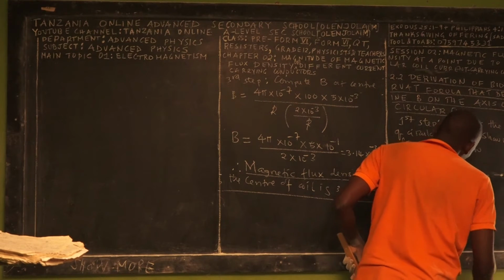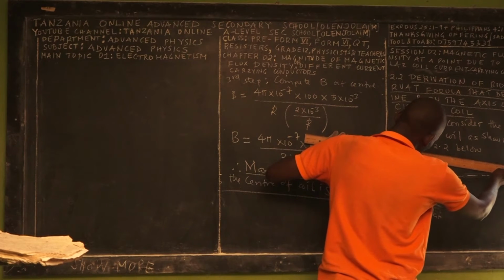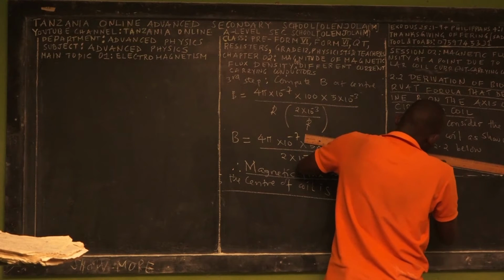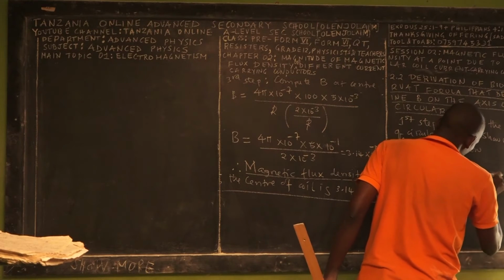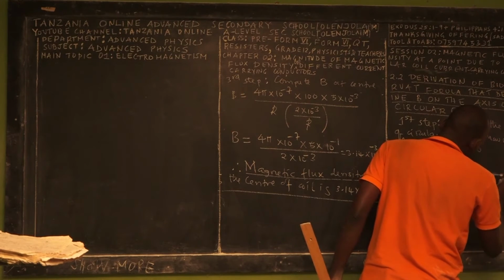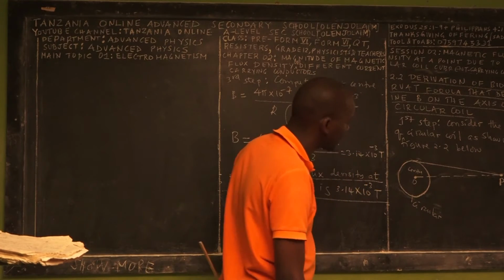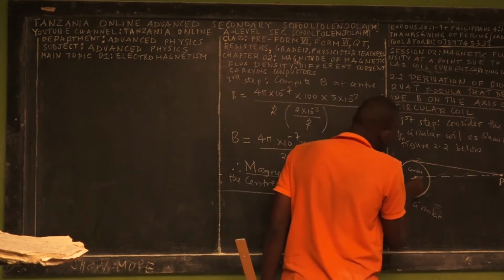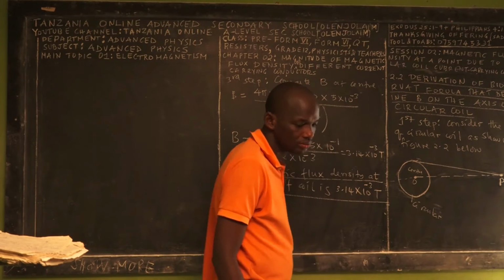So this is point P, where we have to find the magnetic flux density. The axis is still passing through the center to the other side.